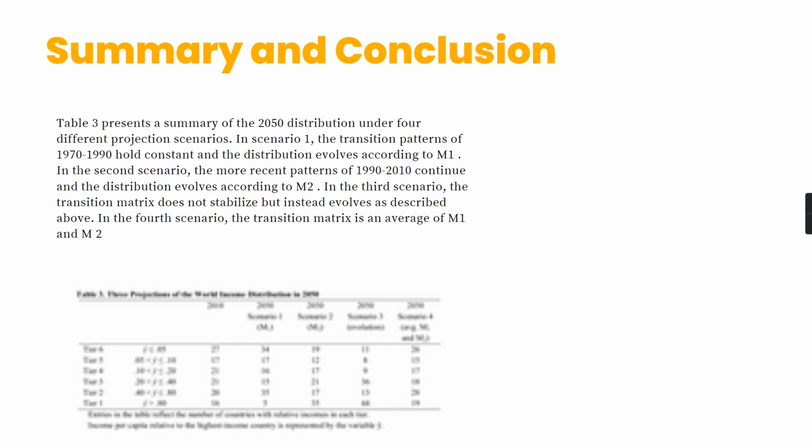So coming to the summary and conclusion part, if we use our evolution based model to predict the world economic distribution in 2050, our evolution based matrix shows that the world economy will not diverge and will be heading towards a stable equilibrium in which the disparity between tier 1 and tier 6 countries is far less than what is predicted by a constant matrix assumption model.